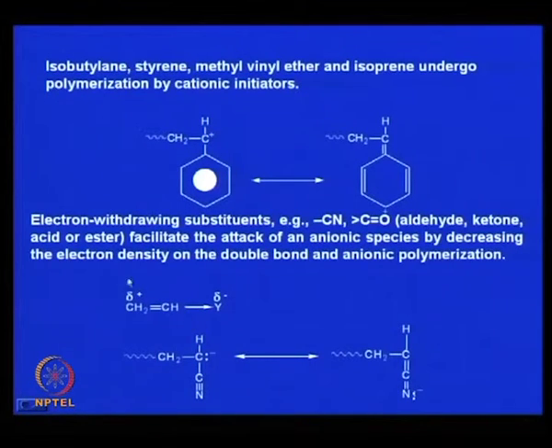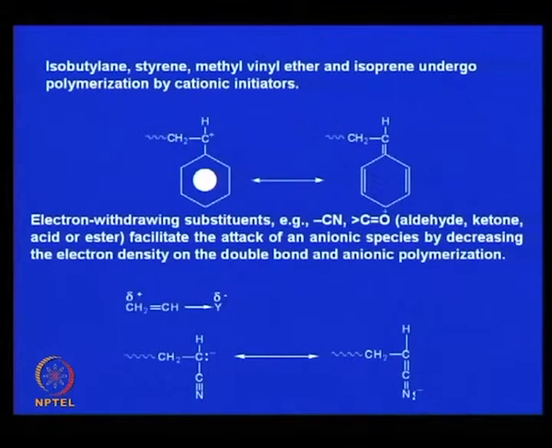Now, this kind of monomer will undergo polymerization by anionic species. Say butadiene can be polymerized by anionic species, anionic polymerization. Isobutylene can be polymerized by cationic species, cationic polymerization. Okay. So, this is the situation.